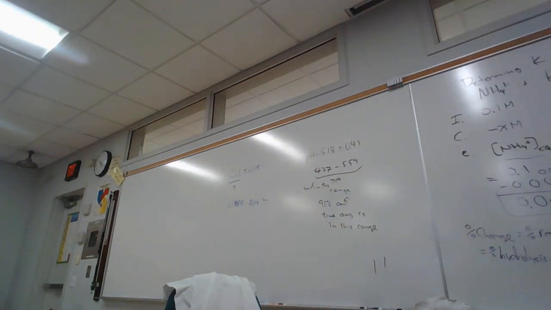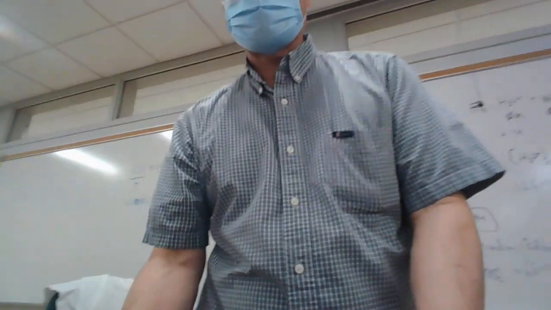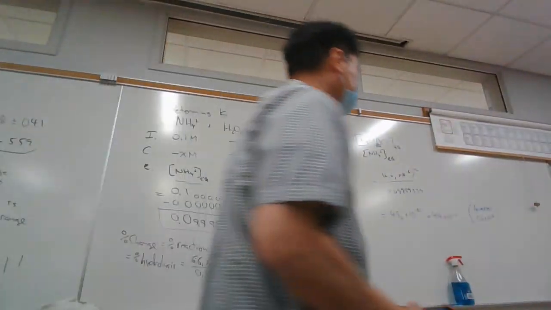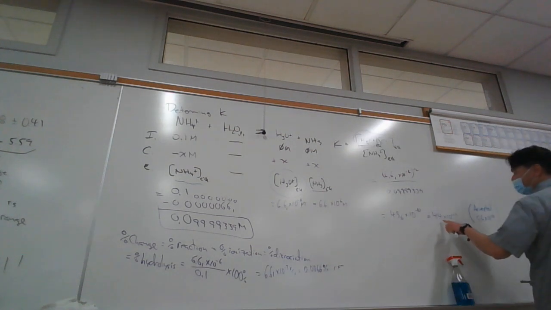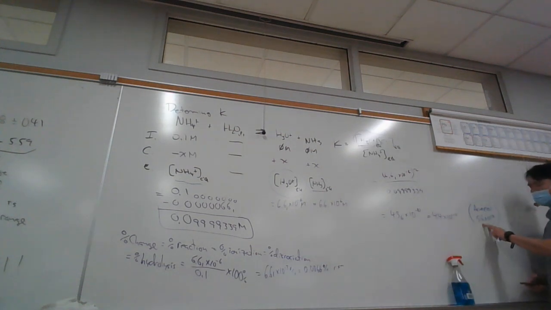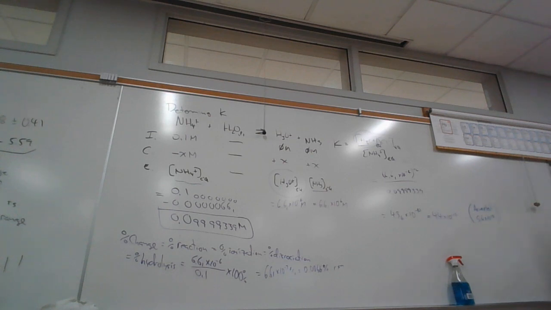Because if we look at the percent error for this, let me calculate the percent error. The percent error is going to be the experimental minus the theoretical, or accepted, divided by the theoretical times 100. And so that's going to be 4.4 minus 5.6 divided by 5.6 times 100.